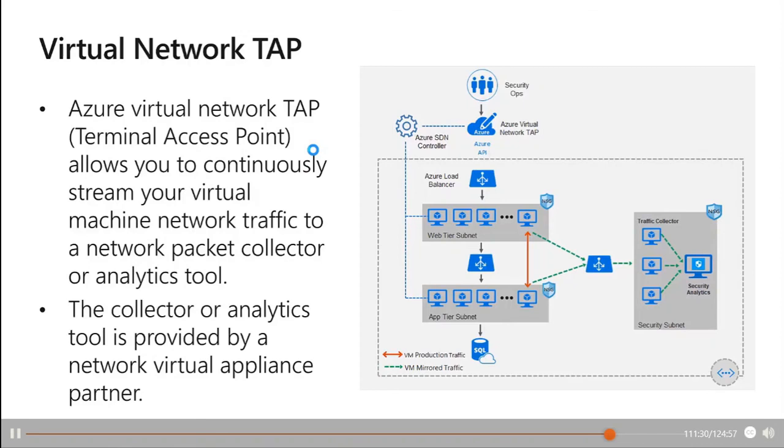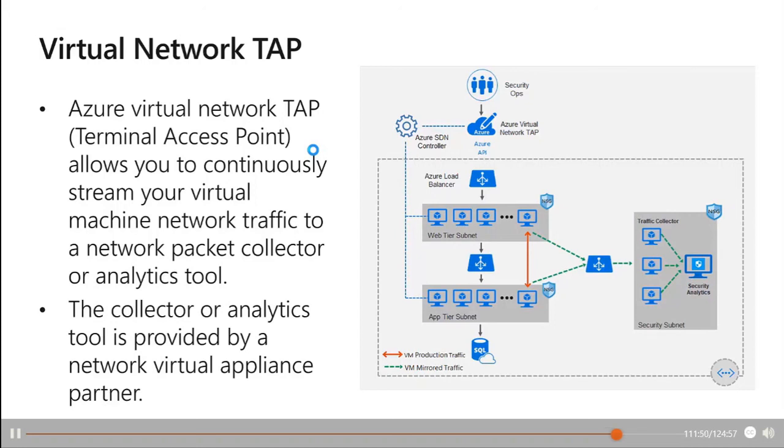Virtual Network TAP. This is also a really cool feature that we have. So it's the Azure Virtual Network Terminal Access Point. And the idea of this is to allow us to stream our virtual network traffic to a network packet collector or analytical tool.